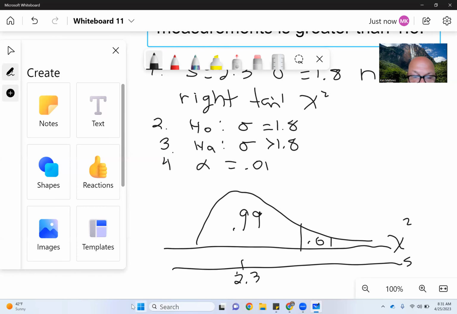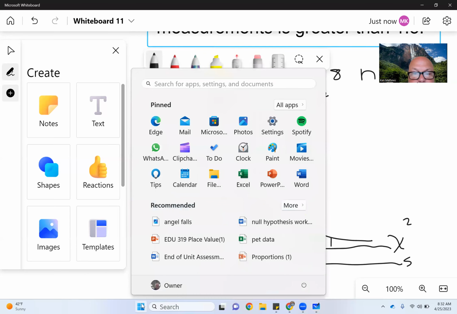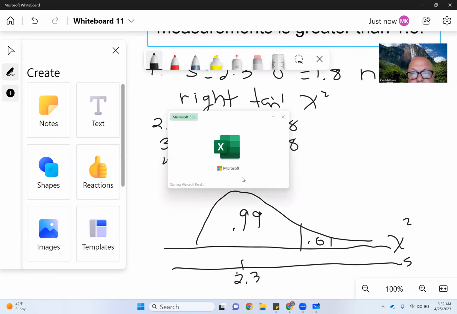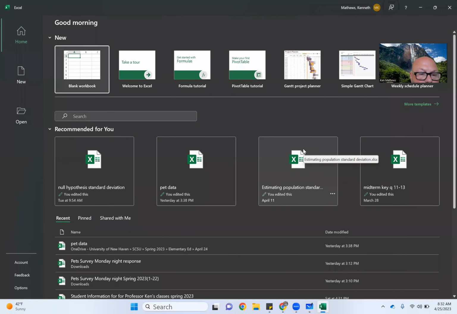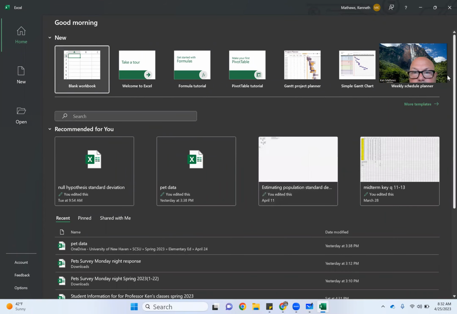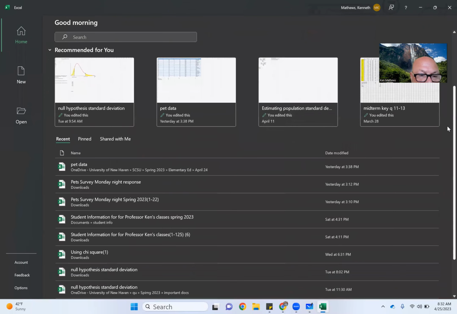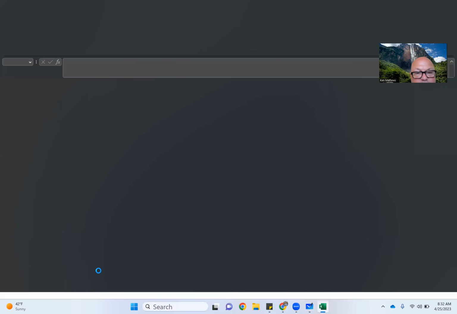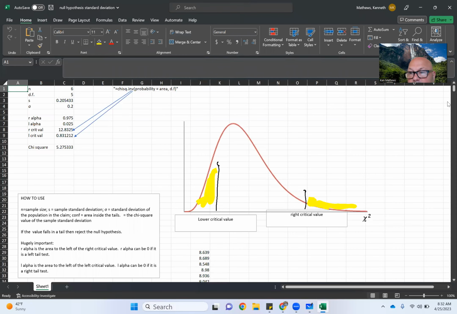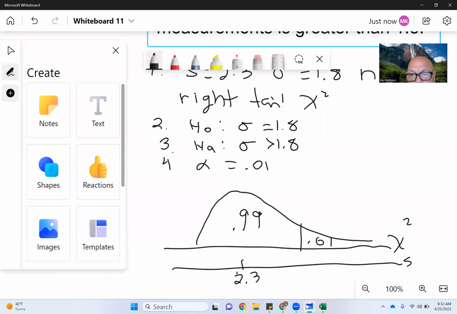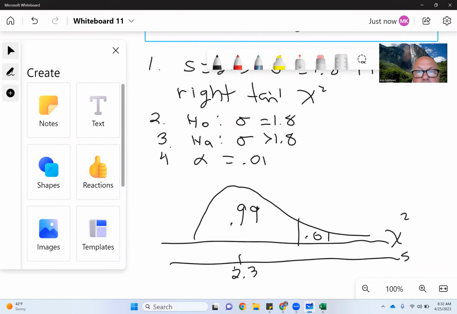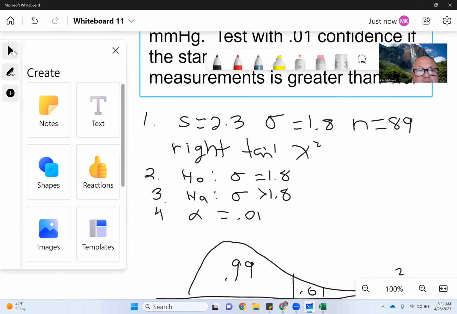All right, so now we're going to go to our Excel file. Null hypothesis test with standard deviation. Okay, there it is. All right, beautiful. So our sample size was 89.